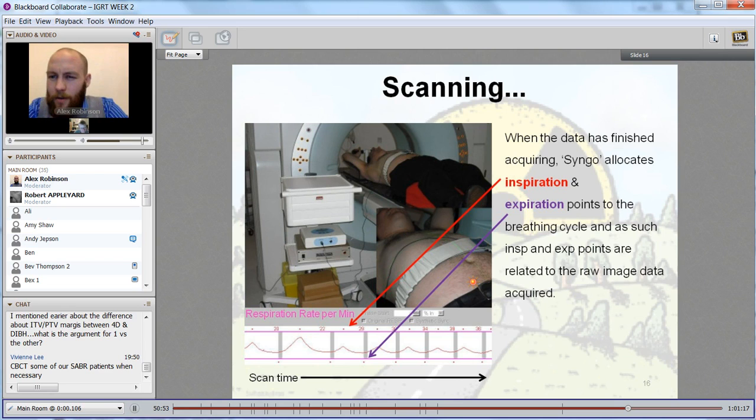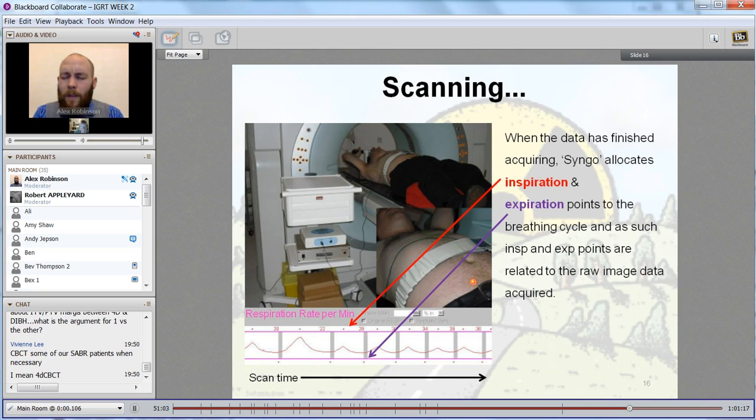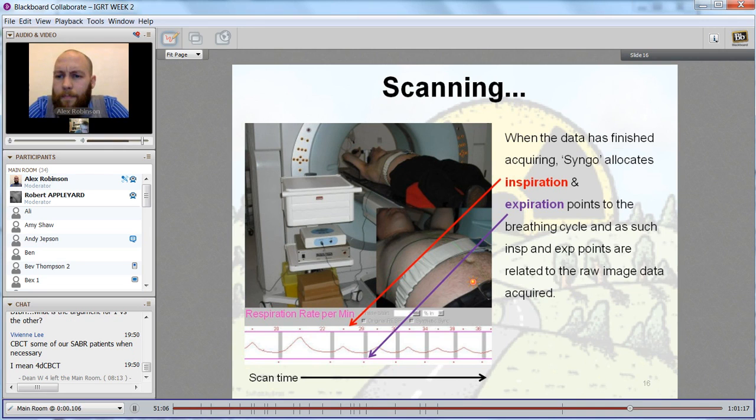Okay, Danielle, let's just start with this. So I mentioned earlier about the differences about ITV, PTV margins. So if we consider the ICRU 60 report, I think it's 60, we've got our gross tumour volume, we've then got our clinical tumour volume to include any microscopic spread. They then started looking at the PTV volume, and they actually separated it into different aspects. So part of that was this internal target volume, and this was showing where the tumour was going to move due to organ motion.